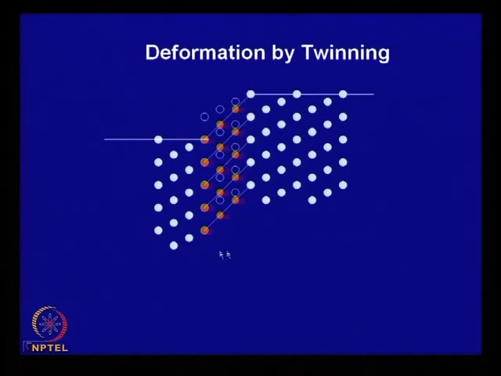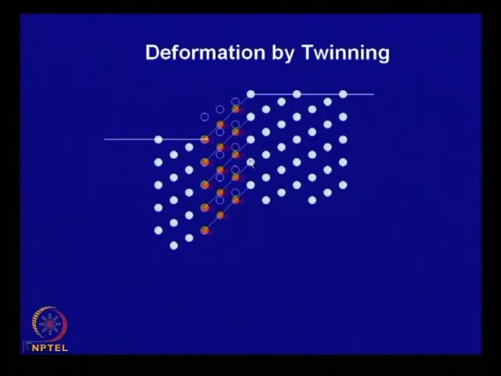So, this part is actually a mirror image of this part. That means the points marked by red are mirror images with respect to those marked as light blue here.